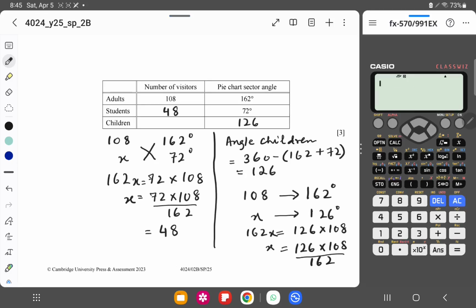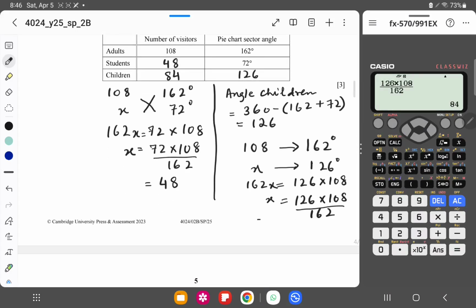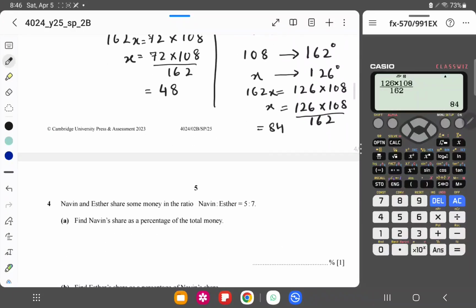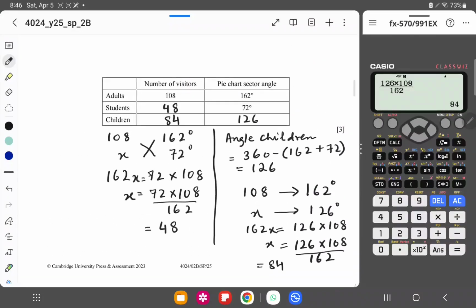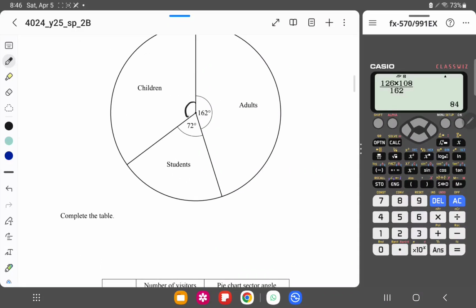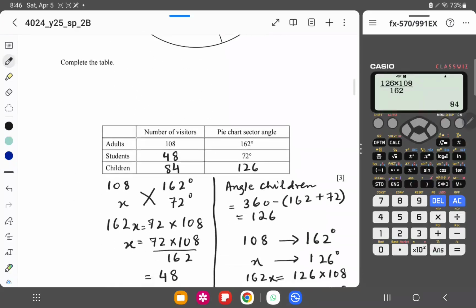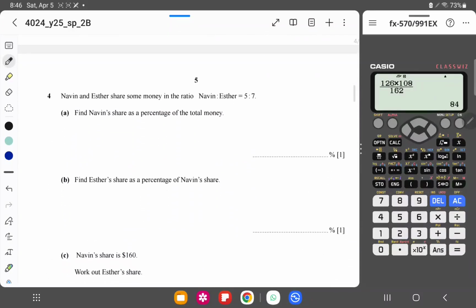So that is 126 times 108 and then divided by 162, and you get the number of children, which equals 84. So we completed the table. In this question the angle we found is 126.